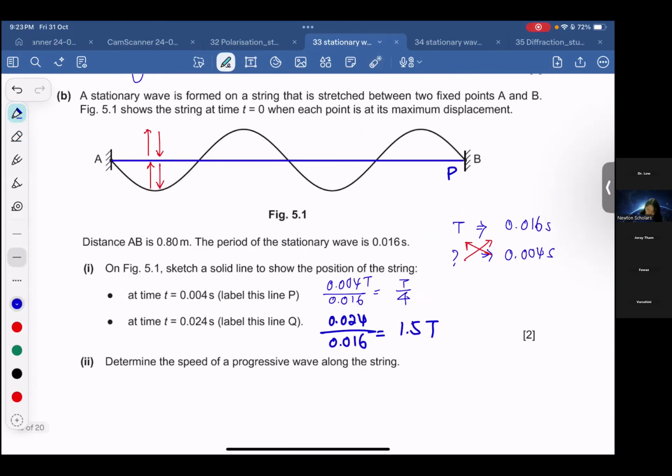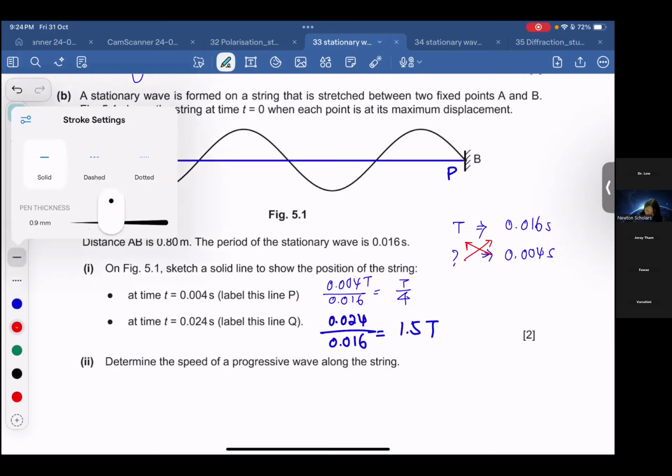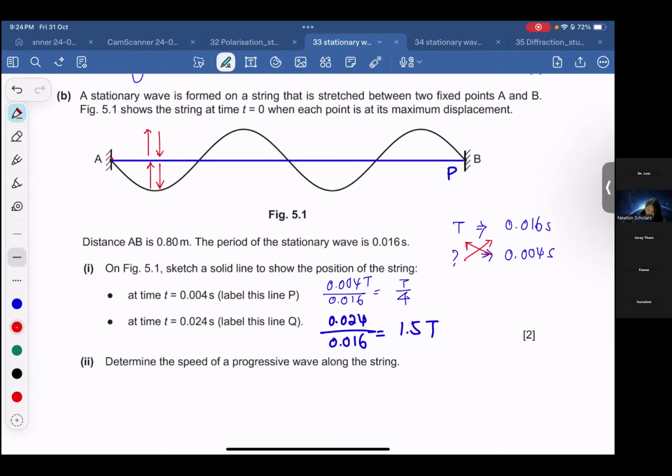So our next pattern should be here. Going up, then going down, going up, then going down. This one should be your line Q.